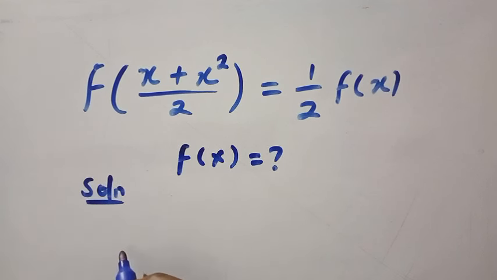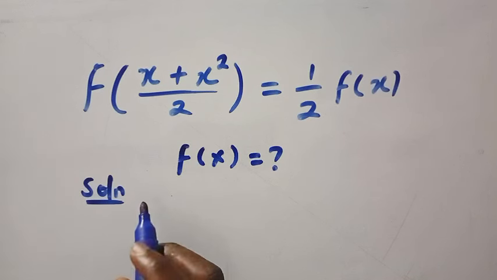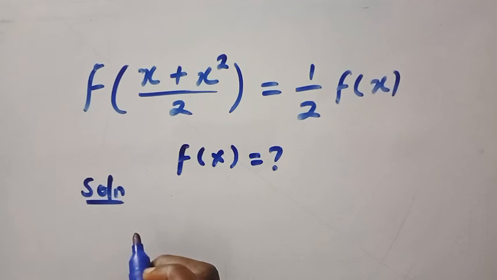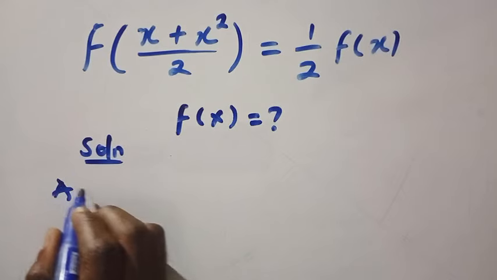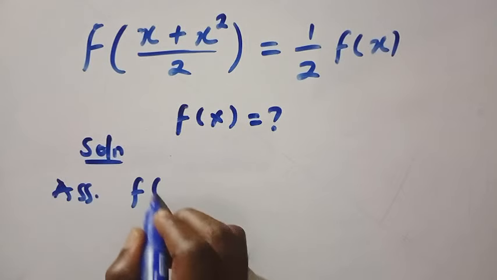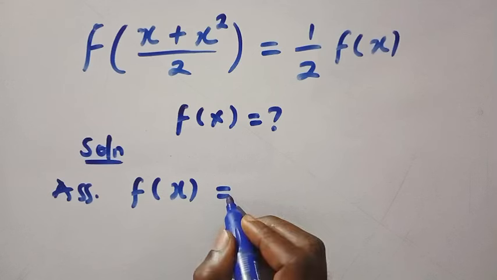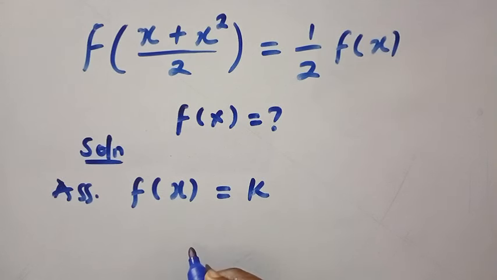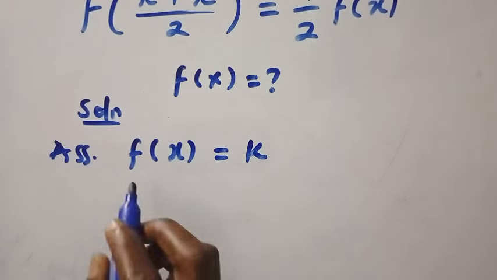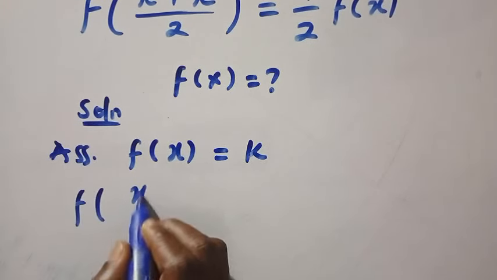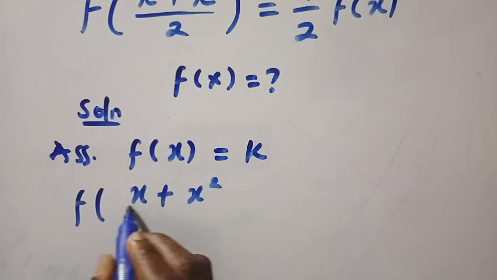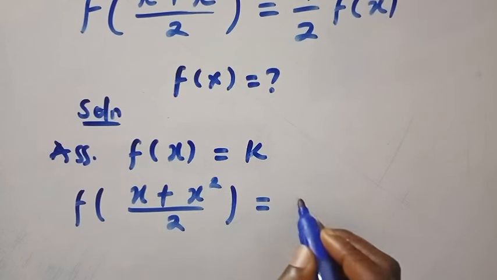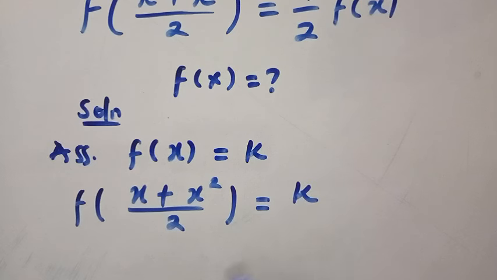When we consider the solutions, the first step we are going to take is to check for the constant solution. If I assume f of x to be equal to k, assuming a constant value, this is telling us that f of (x plus x squared over 2) also equals k.